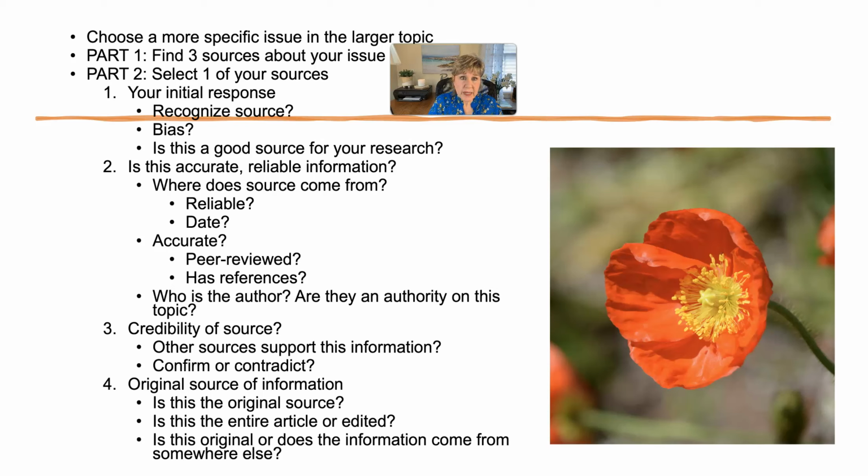Because you have different categories: academic, news, books, something else. Choose the academic sources, and especially eliminate the news sources. You don't want those because those are absolutely all secondary sources.